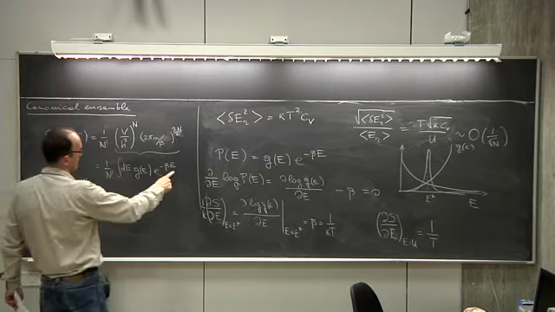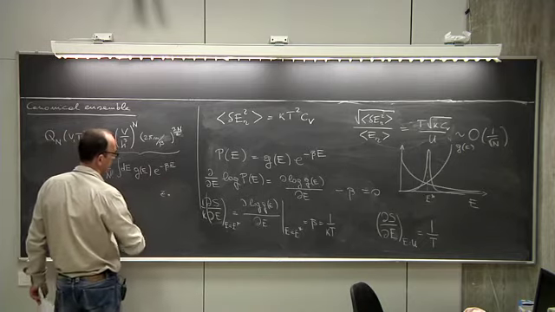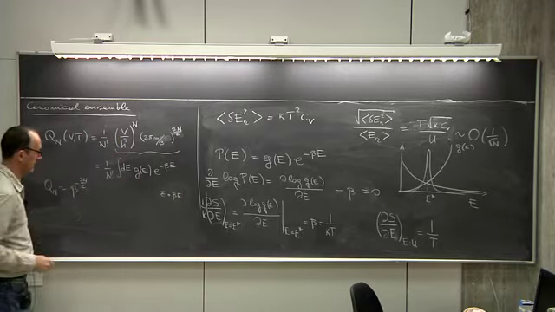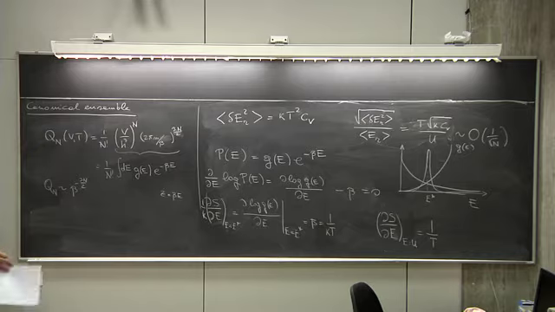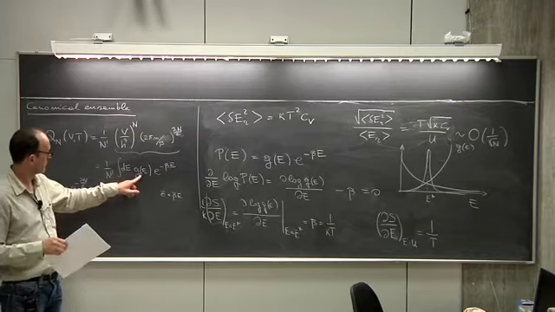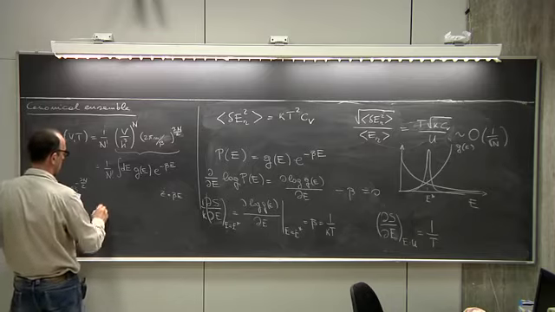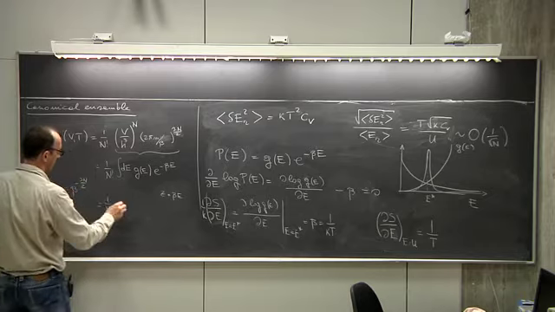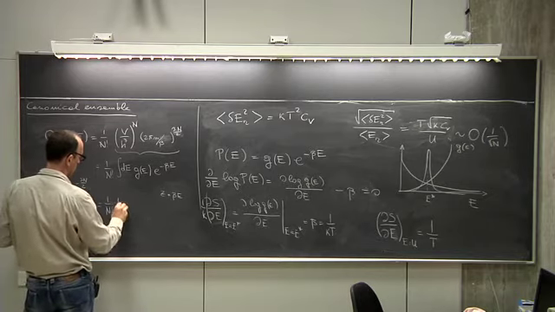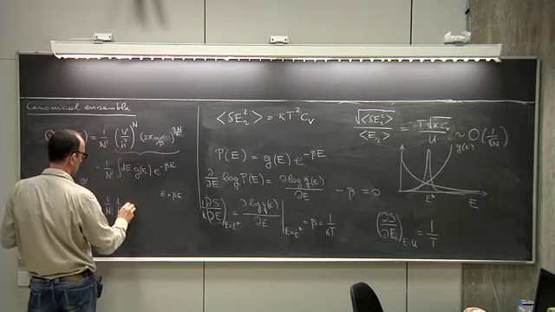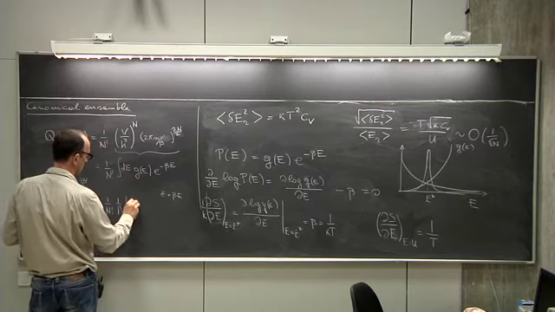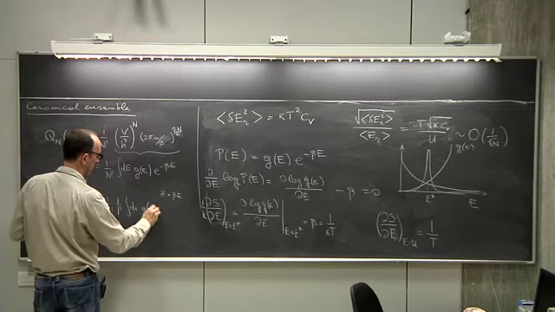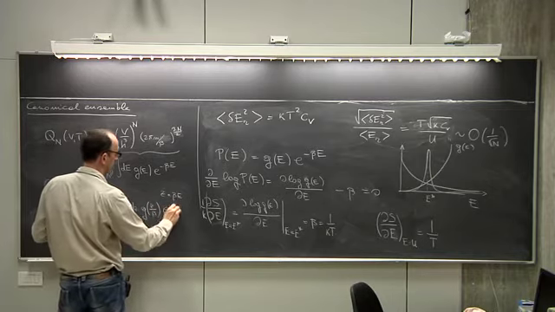If I make a change of variable z equal to beta E in this integral, then this is 1 over N factorial times 1 over beta times an integral in dz of G of z divided by beta, times e to the minus z.